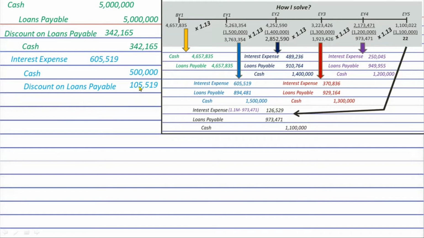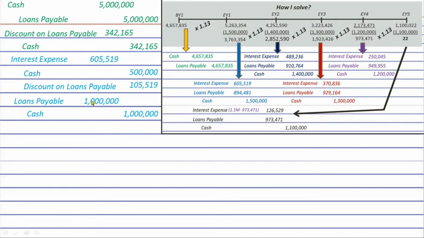The second entry is for the principal payment, which is simply debit loans payable of 1 million and credit cash 1 million. It's as simple as that. Since you already know this set of entries, actually, these entries are also the entries at the end of years 2 to 5, except for the amounts, of course.